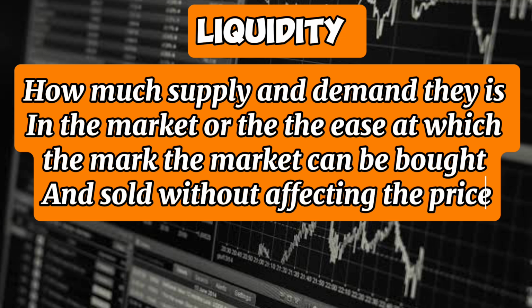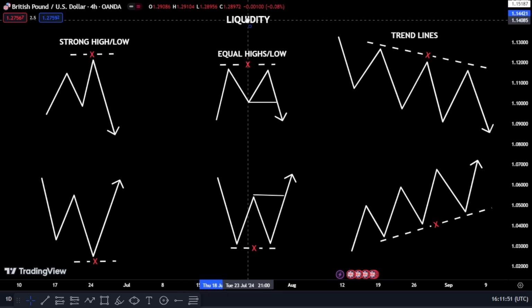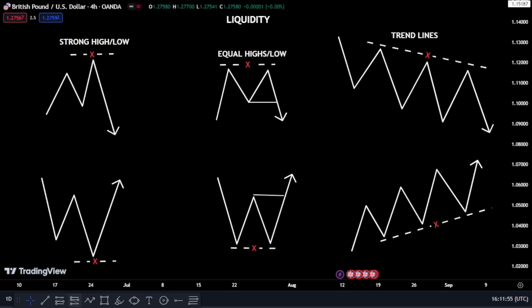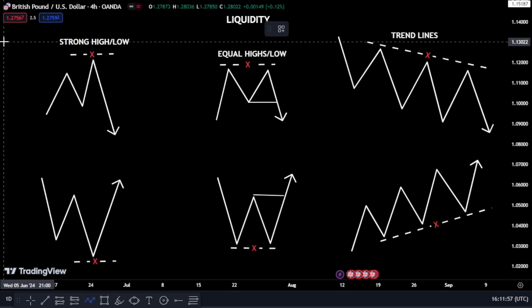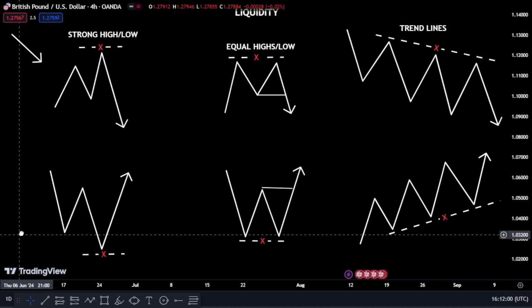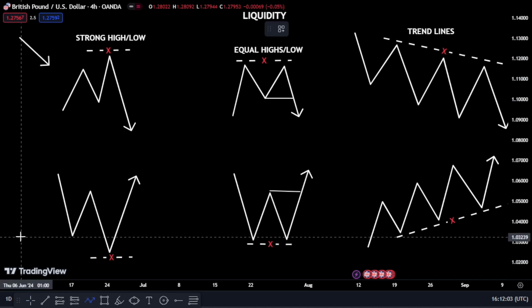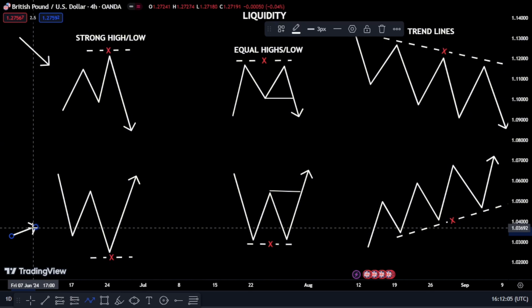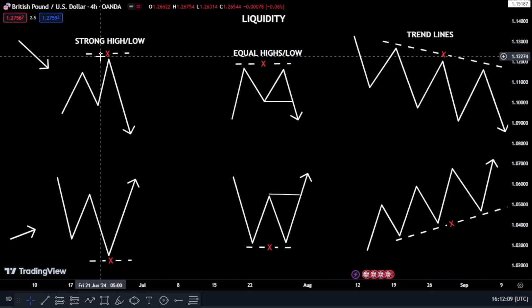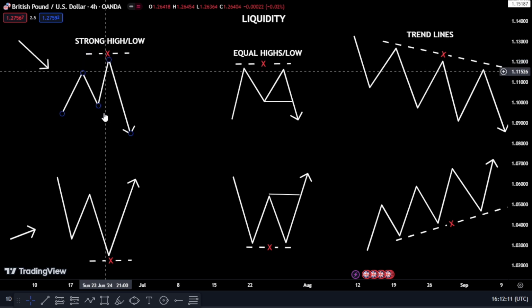Now when we're looking at liquidity, your strong highs and your strong lows are all liquidity. For the strong highs, there is buy side liquidity.